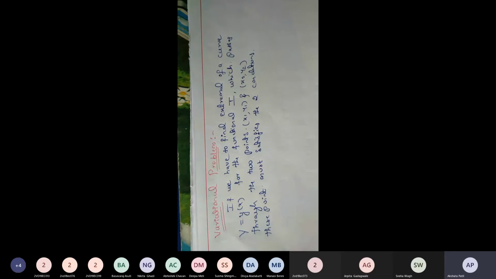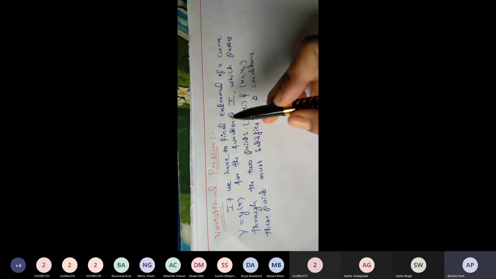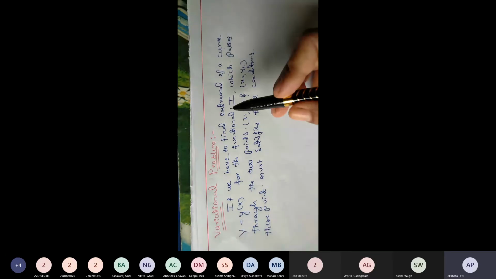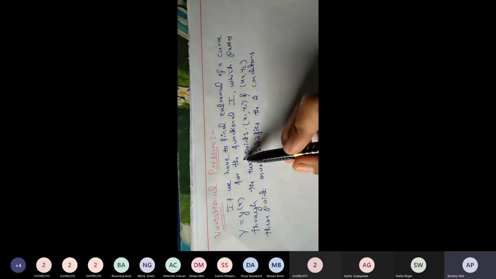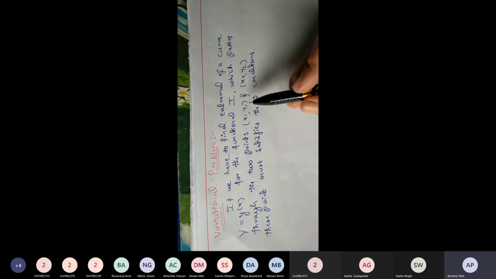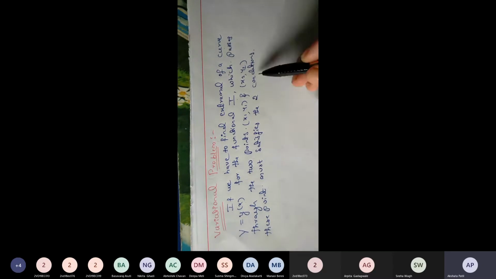So what is the definition of variational problem? If we have to find the extremal of a curve, we already know the definition of extremal of a function. So if we have to find the extremal of a curve y equals y of x for the functional capital I which passes through the two points x1 comma y1 and x2 comma y2, these points must satisfy two conditions.